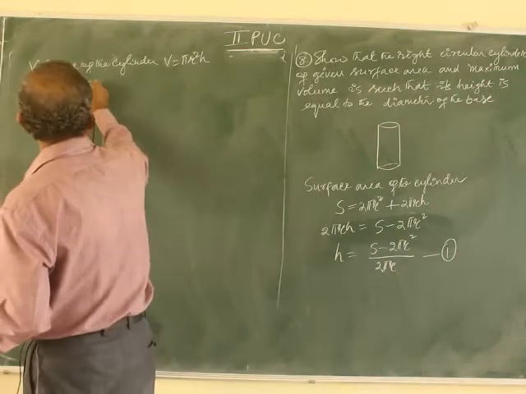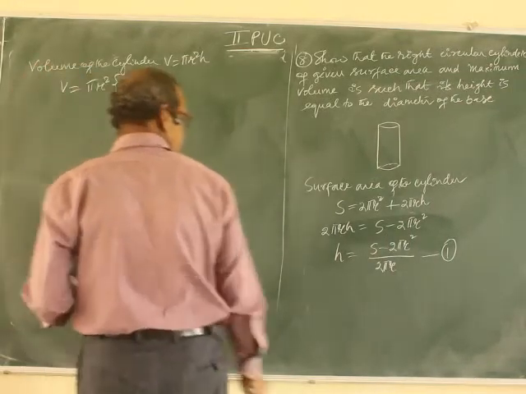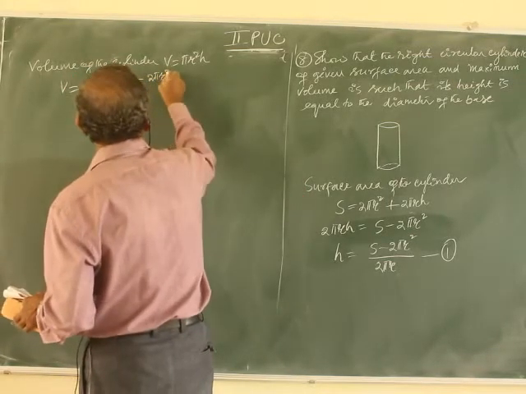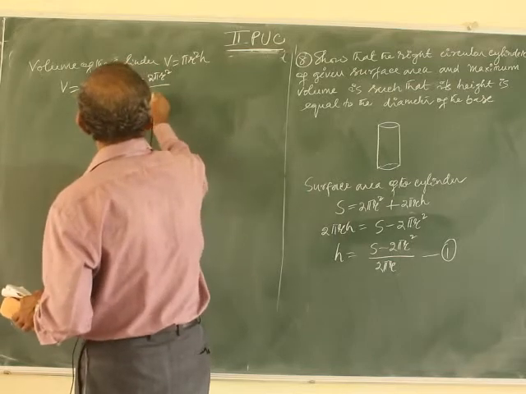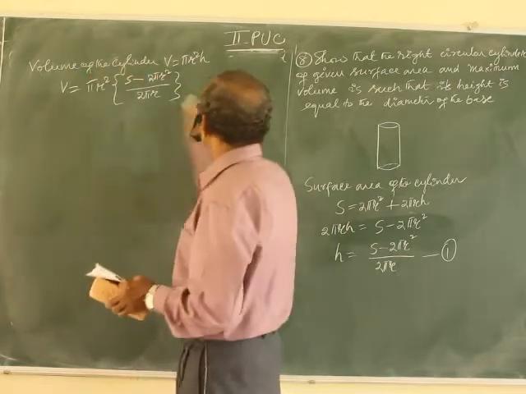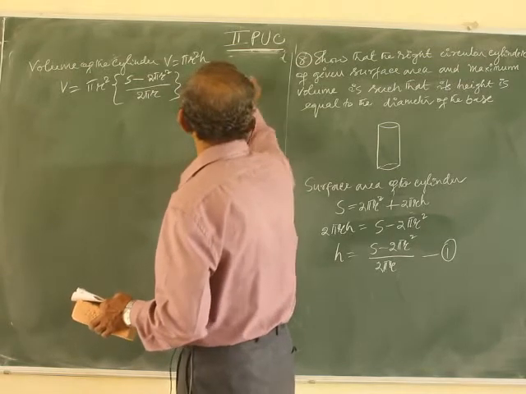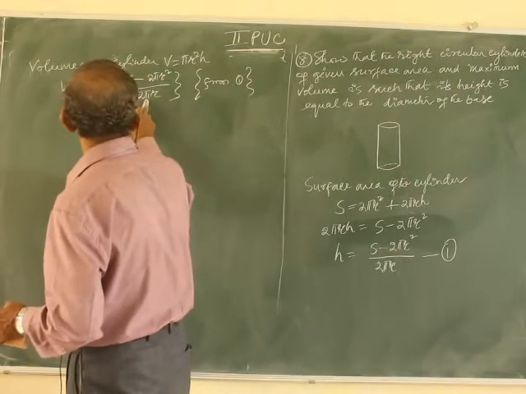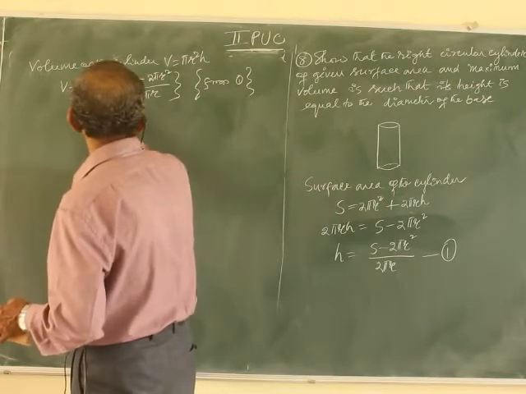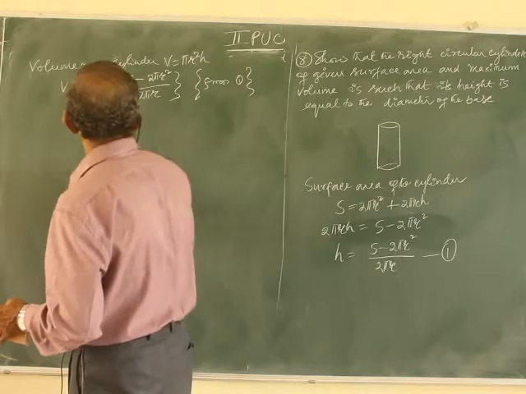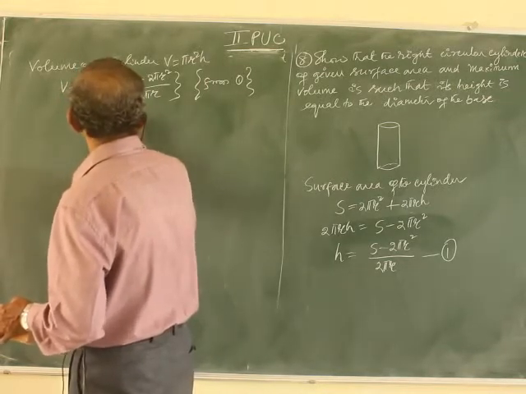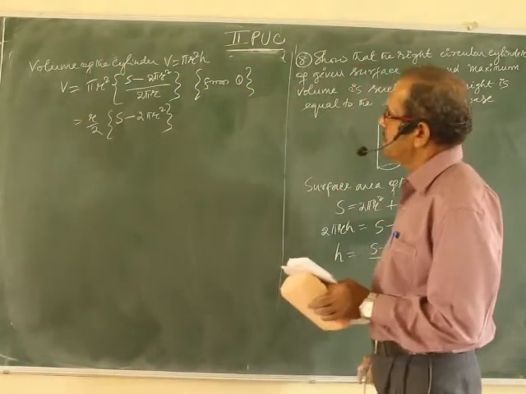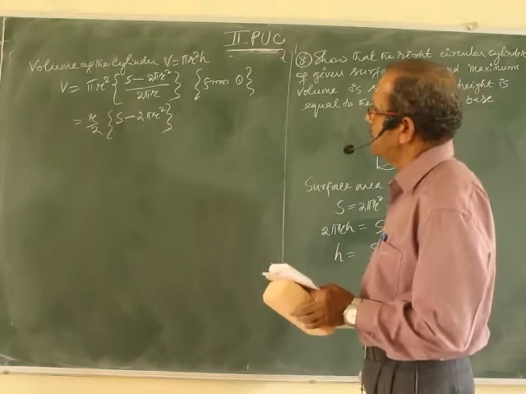V equal to pi into r square into, instead of h, let me write S minus 2 pi r square divided by 2 pi r, from equation 1. Can you simplify it? Pi cancels, one r cancels, r by 2 into S minus 2 pi r square.